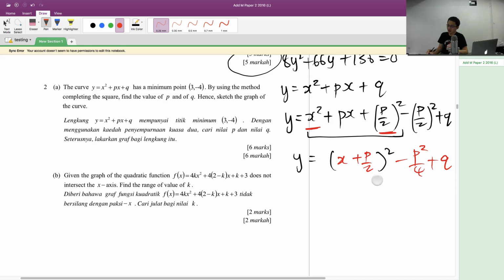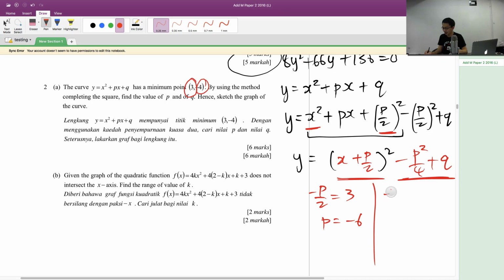Alright, so therefore we can get our x value from the expression inside the bracket. So negative p/2 equals 3. So p equals -6. And then the -4 here means the minimum value.